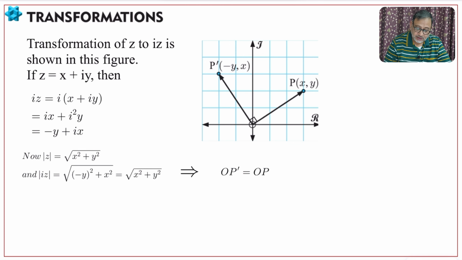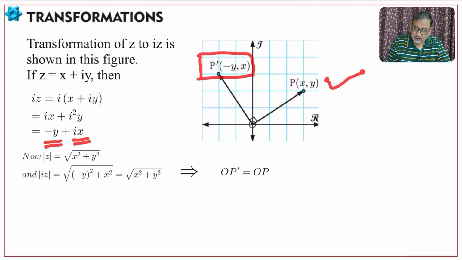Suppose we have a complex number z is equal to x plus iy, then i into z will be i into (x plus iy). When we open the bracket, we get ix plus i squared y. i squared is negative 1, so negative y plus ix. So the complex number x plus iy will be transformed into minus y plus ix.